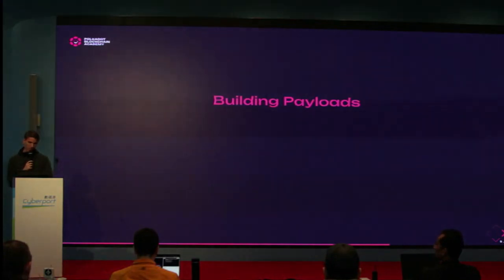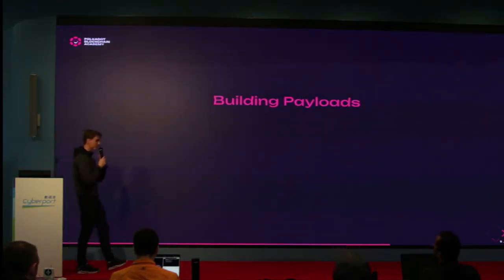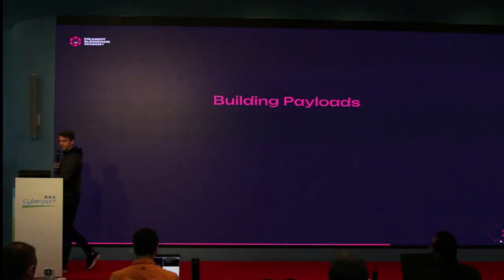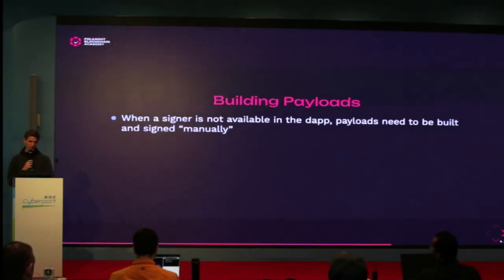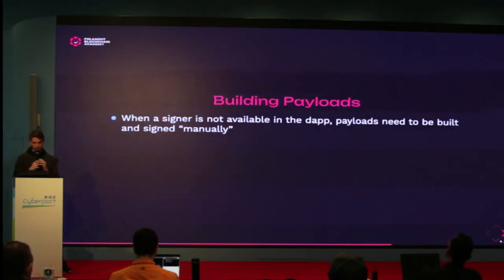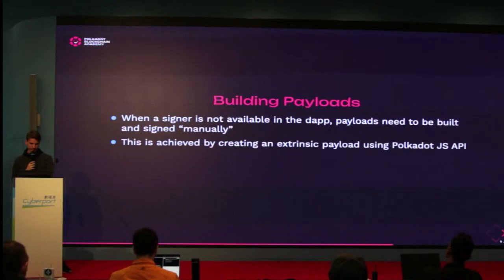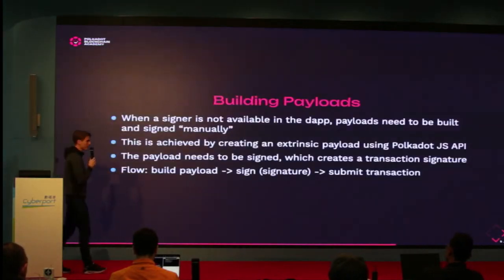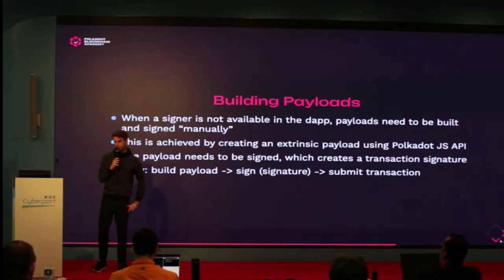Okay. So the hard way to build transactions is the process of manually building an extrinsic payload. We usually do this when a signer is not available from a web extension, for example. So think of hardware wallets like Polkadot Vault and Ledger.